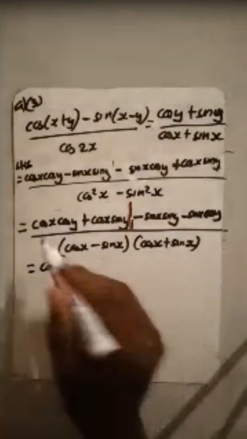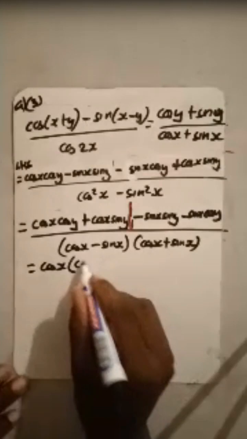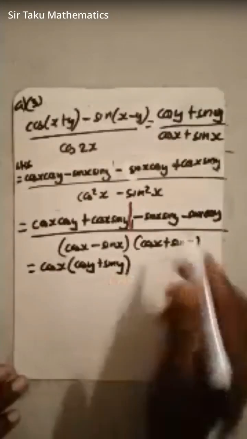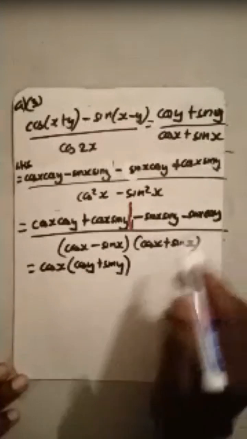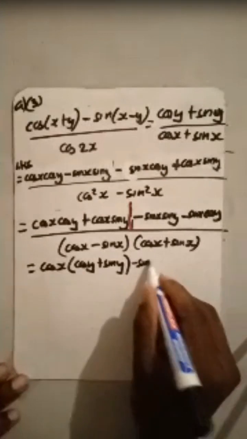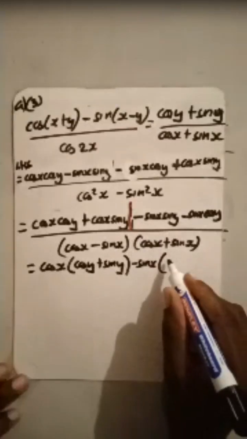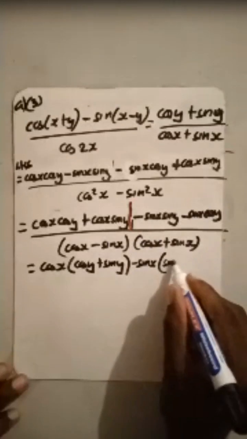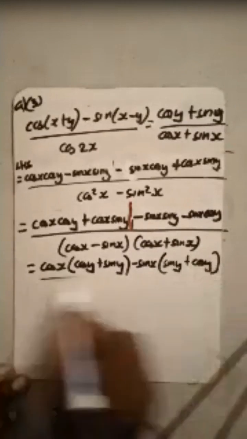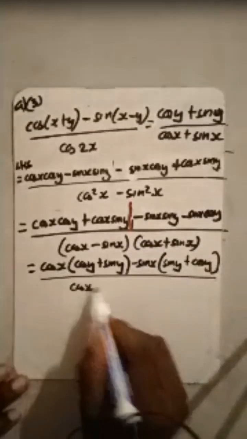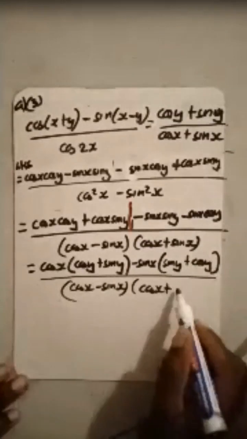The common factor is cos x. If I take out cos x, I'm left with cos y plus sin y. The common factor in the other pair is negative sin x. So I take negative sin x, and I'm left with sin y plus cos y, over (cos x minus sin x)(cos x plus sin x).